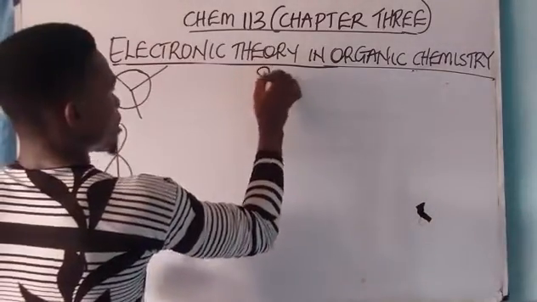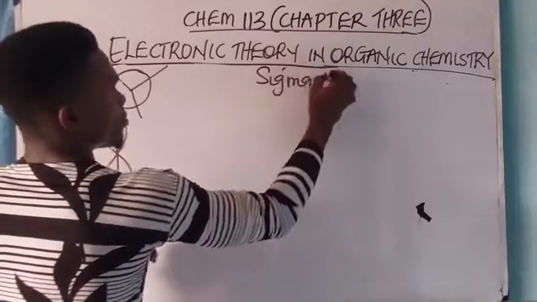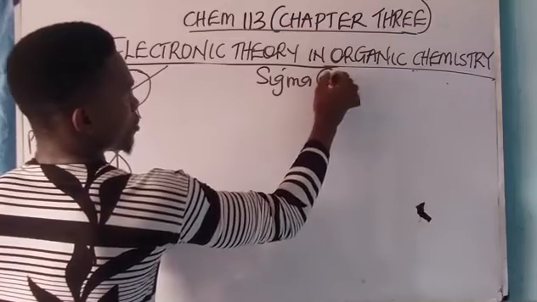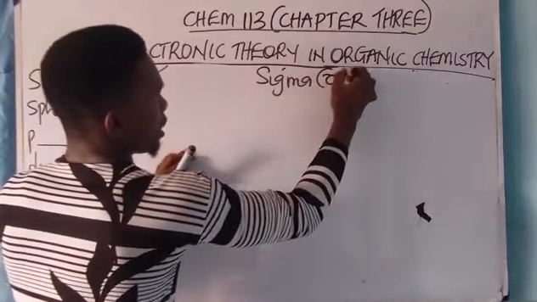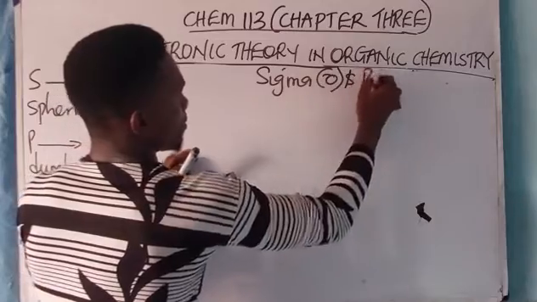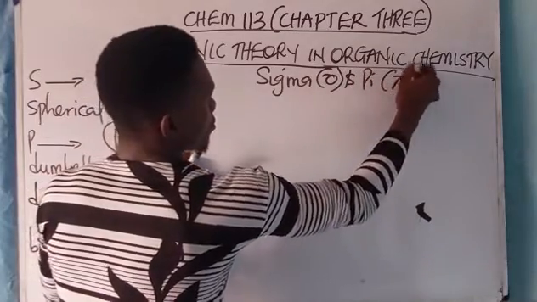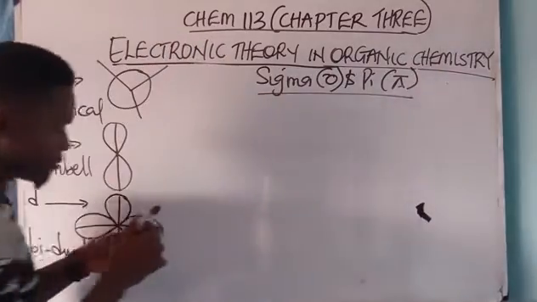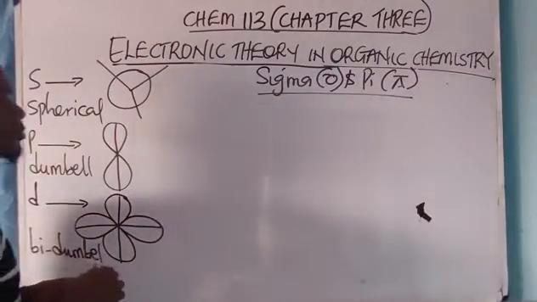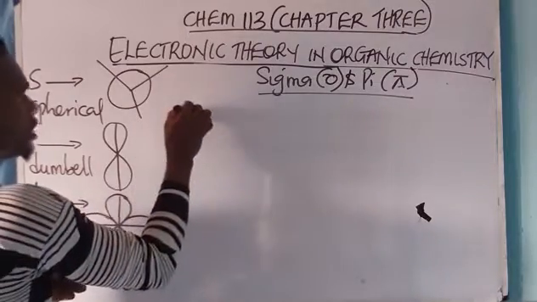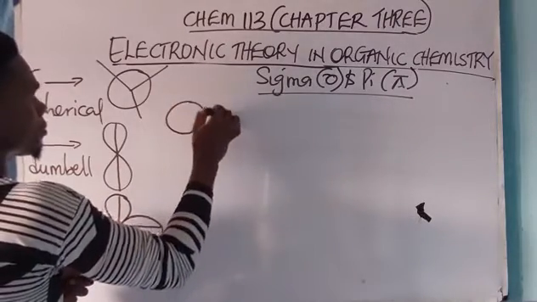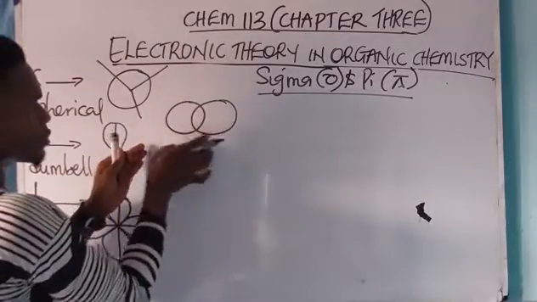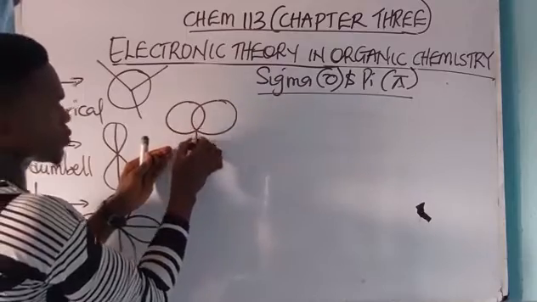We have the sigma bond, which has this sign, and we have what? Pi bond. Now, how are these bonds formed? The linear combination of s orbitals will produce what?